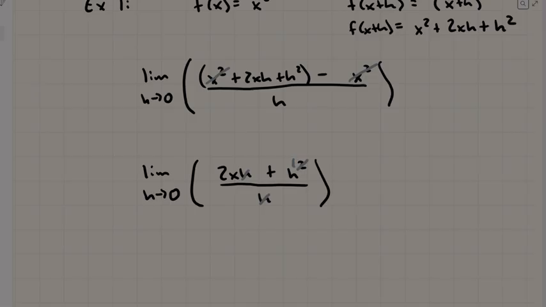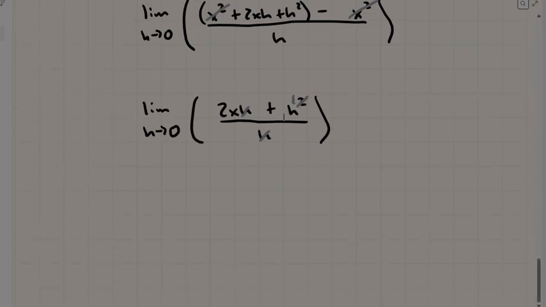And look at that, now that denominator has gone away. And so we'll be able to actually evaluate what happens as h approaches 0 now. So that would be 2x plus h. Okay, now what happens as h approaches 0 here? This h will just go to 0. So then this will just equal 2x.